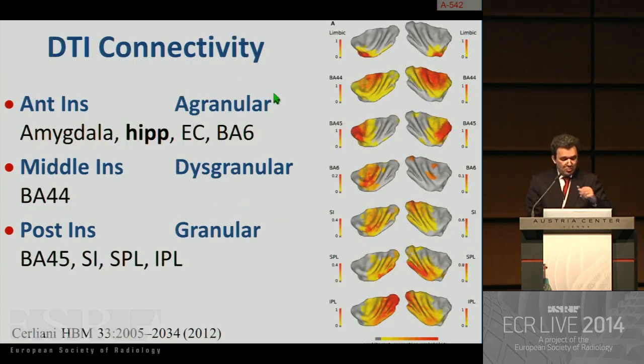And coming back to my subdivision of the insula, we can identify, by looking at the connectivity, the subdivision of the insula. You have the agranular, which seems to be connected to the amygdala, hippocampus, other areas, the middle part, BA44, and the posterior part, the granular, which is more connected here to the parietal lobe. And you can see these different areas that are color-coded here.